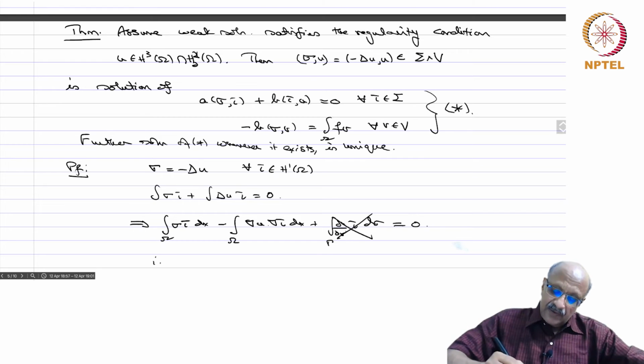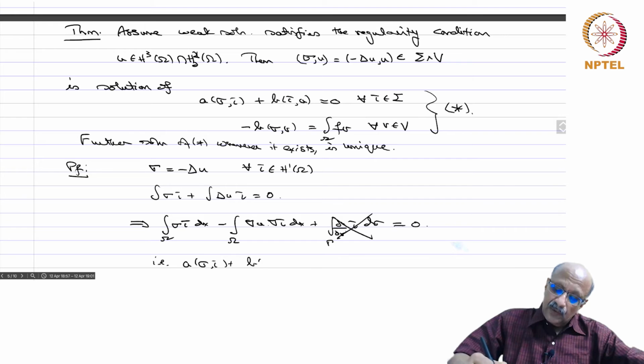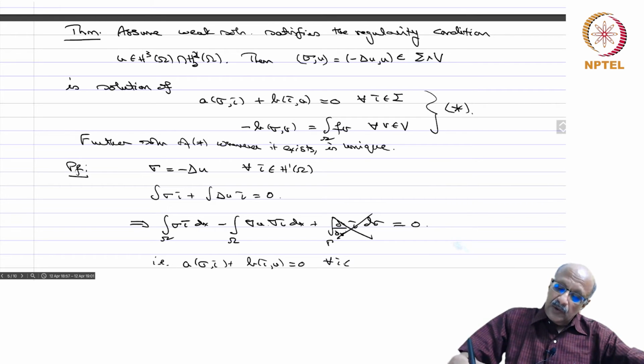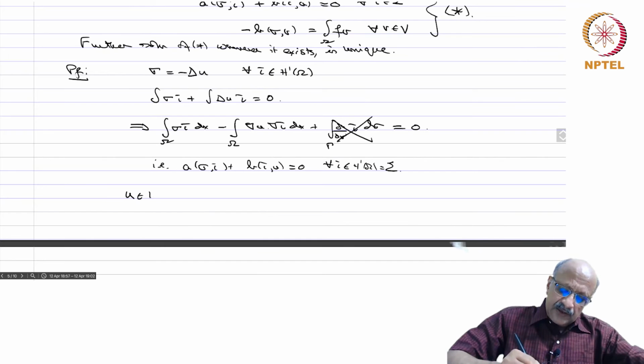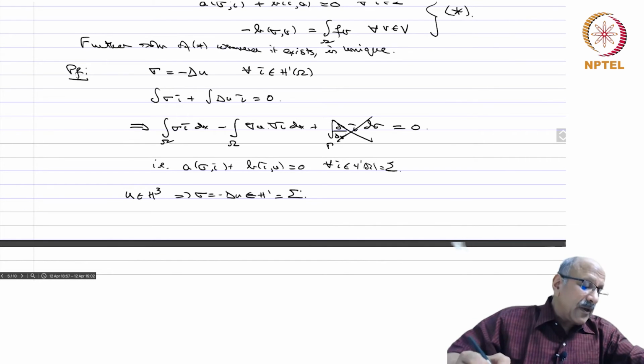Okay, that is A sigma tau plus B tau u equal to 0 for every tau in H1 of omega, which is equal to sigma. So u is in H3 implies, of course, sigma equals minus Laplacian u belongs to H1, which is capital sigma. Okay, so that is all.